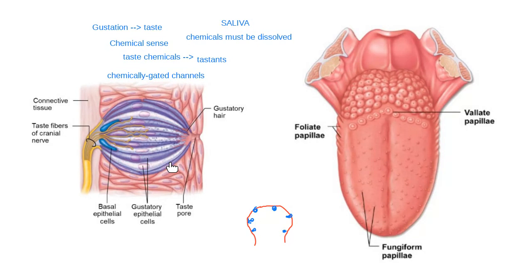If you do a Google search, you can find a debunked map of where you taste different sensations on the tongue. It used to be thought that there were certain places on the tongue where you tasted sour and certain places where you tasted sweet.